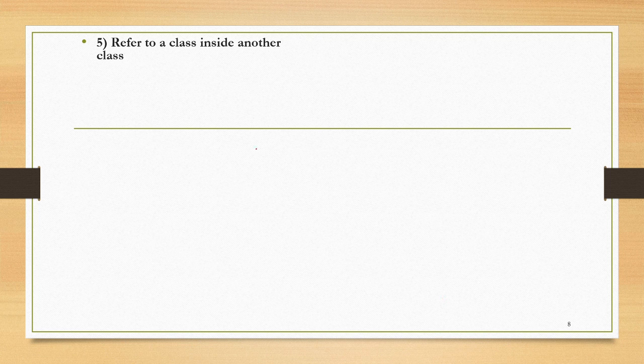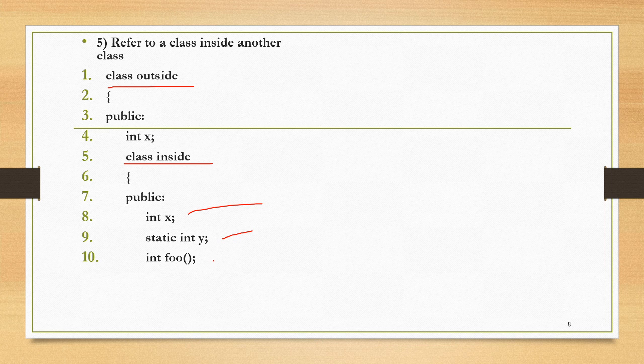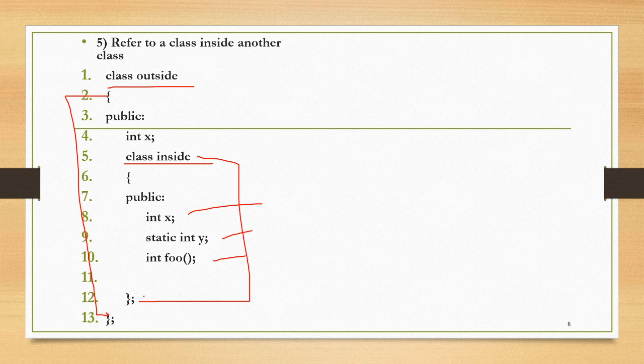Next, it is used for a class inside another class. So this is our outer class, class outside. Then this is our inner class, class inside. Inside the inner class we have x, y and one function. So this is our class outside and this is our class inside.